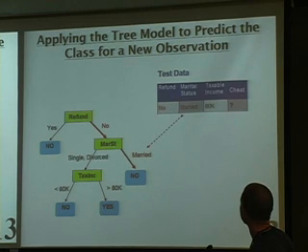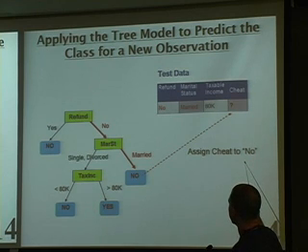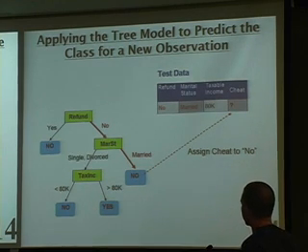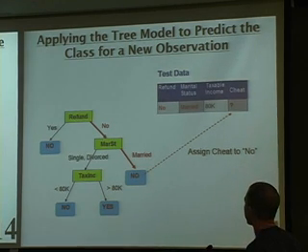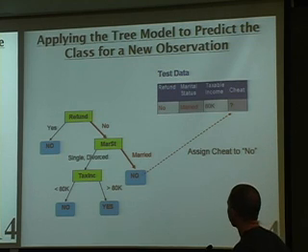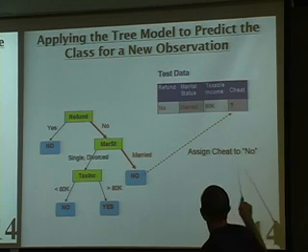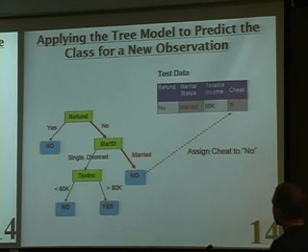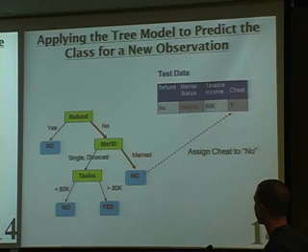Because he did not request a refund and he was married, so I conclude that he's not going to cheat. I didn't even have to look at his taxable income in this case, because knowing that he didn't request a refund and he was married is enough for this tree to predict, no, he's not going to cheat. Okay, so you just chase them down the tree until you get to a terminal node, and then the terminal node gives you the prediction, one of your 2 classes, in this case either cheating or not cheating.